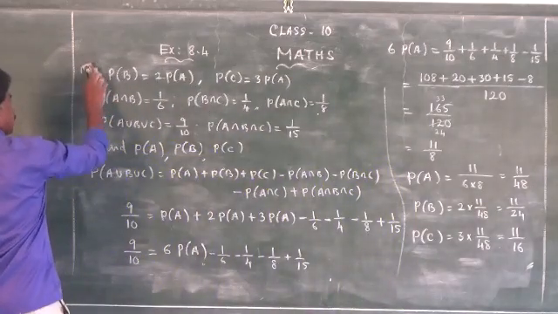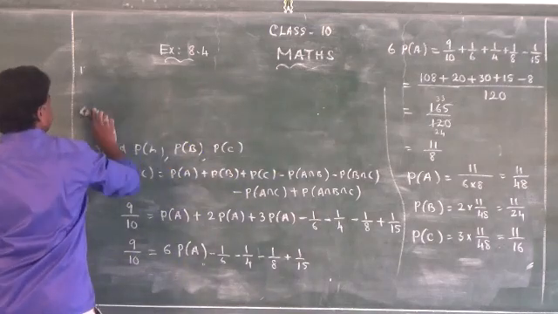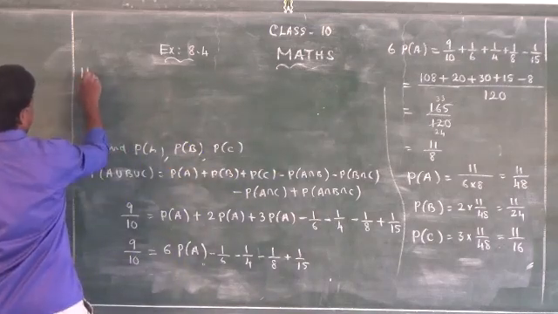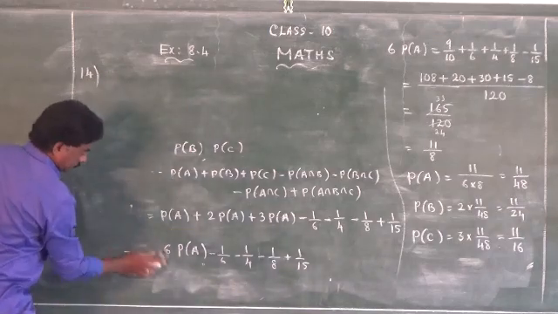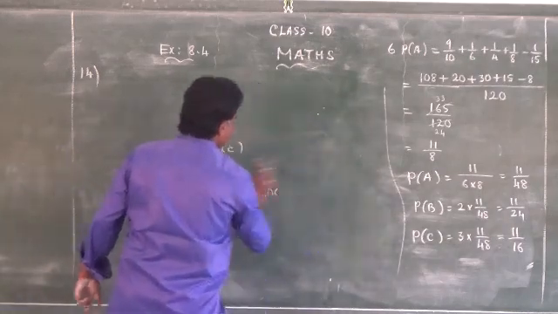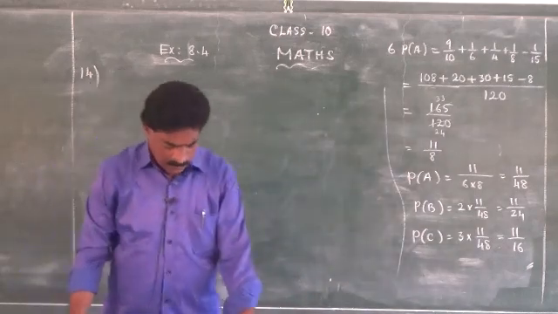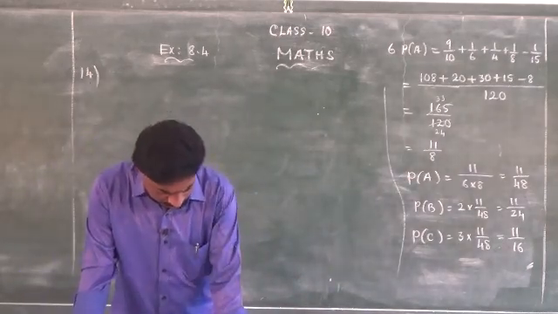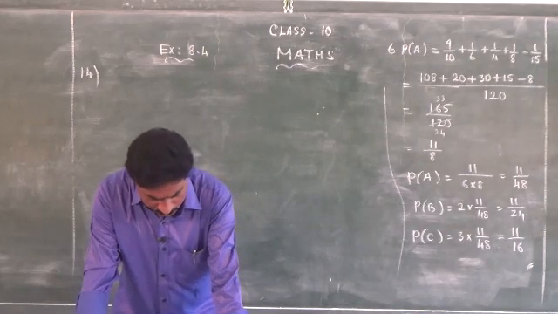The last sum in probability. In a class of 35, students are numbered from 1 to 35.